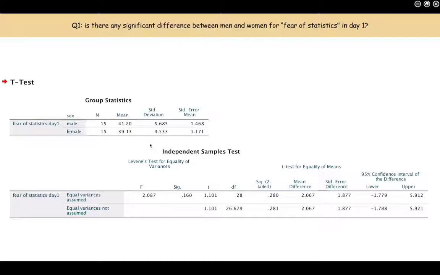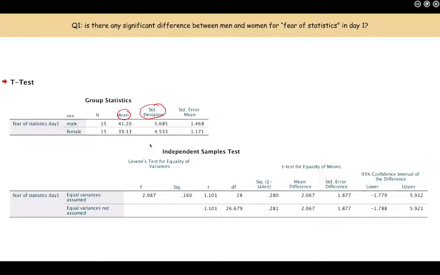SPSS generates two main tables of output for the independent t-test. The first table provides useful descriptive statistics for the two groups that we are comparing, including the mean, as you see, and the standard deviation.